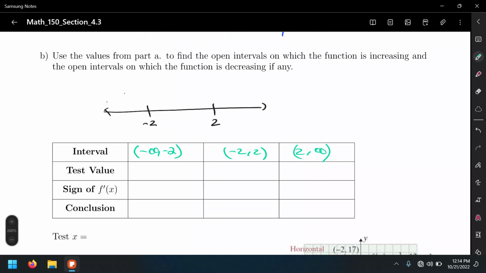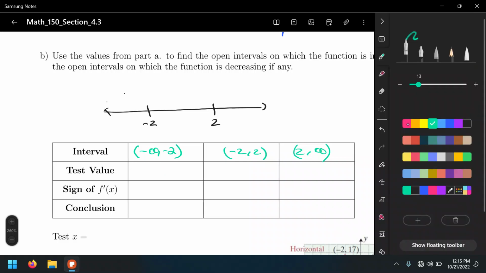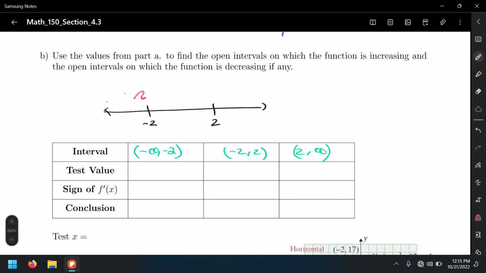All right. So we're going to choose test values contained in these intervals. And guys, choose the easiest number possible, the smallest number possible. So a test value in the first interval: choose any number between negative infinity and negative 2.